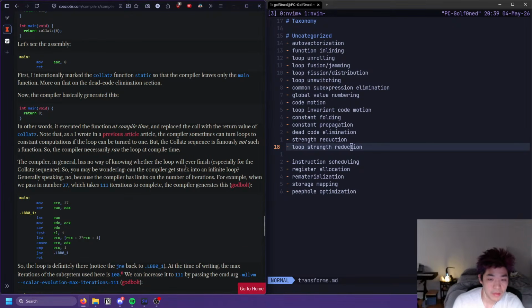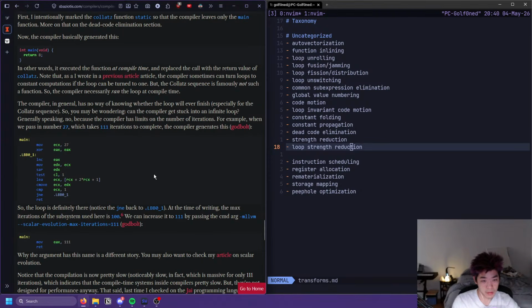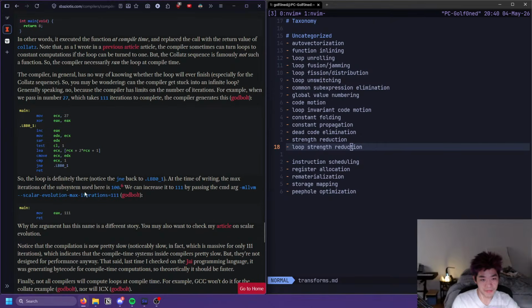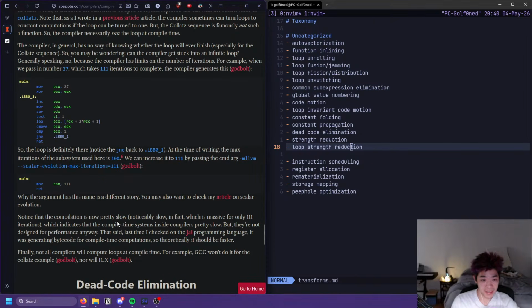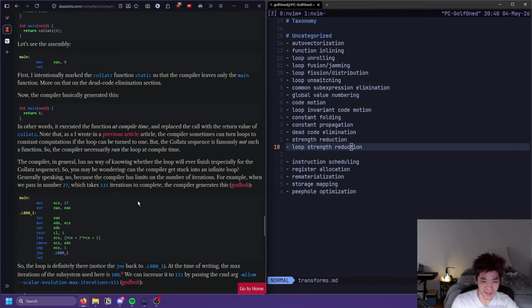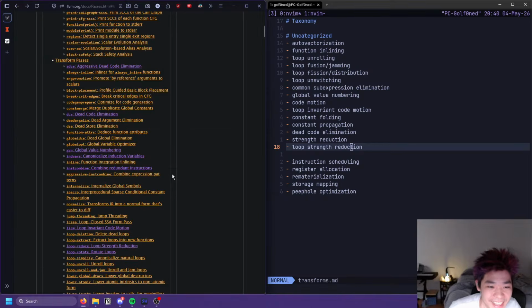Wow. Max iterations is 100. That's crazy. Scalar evolution. What the hell? Wait, what? Wait. Scalar evolution.